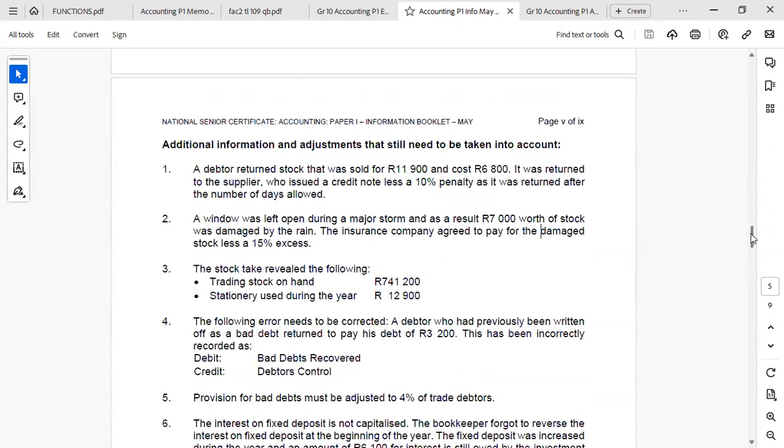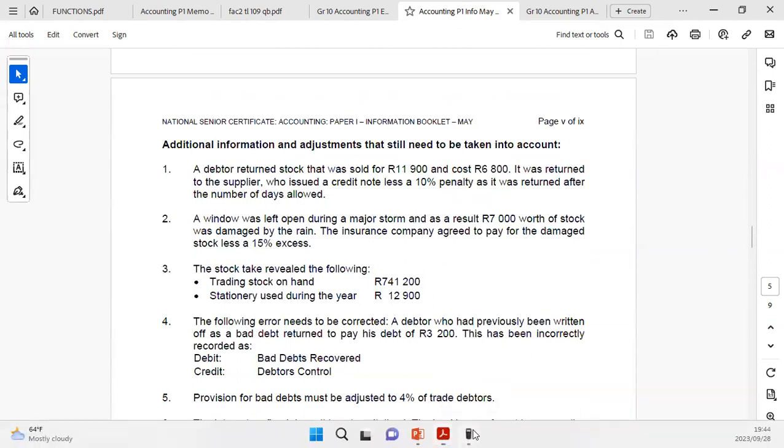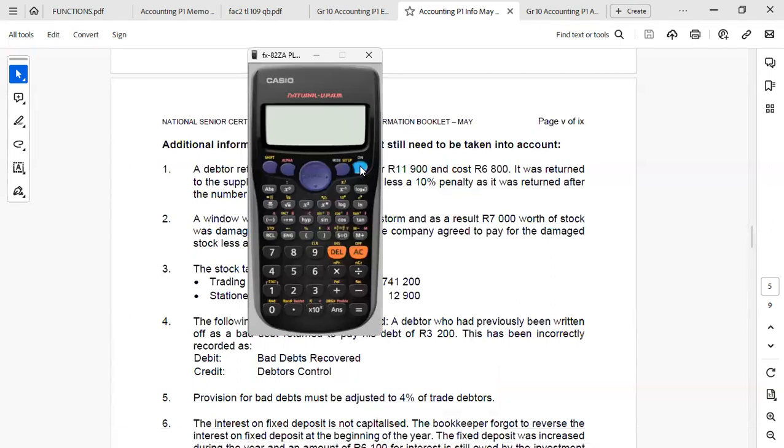Since we have the selling price of 11,900, I was going to take that 11,900, which is the selling price, multiplied by the percentage of cost of sales, which is 100, and divided by the percentage of selling price. That 11,900 is at 175 because it's 100 plus the markup, which is 175.